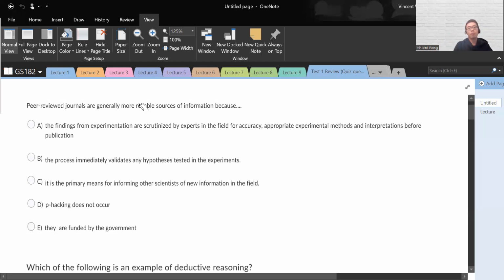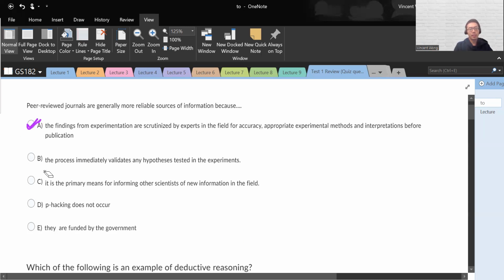So they are generally more reliable because the findings are scrutinized by experts in the field for accuracy, appropriate experimental methods, and interpretations before publication. That's the reason.